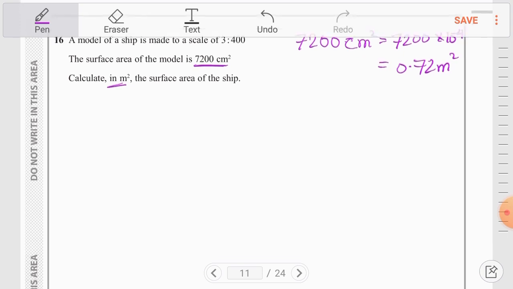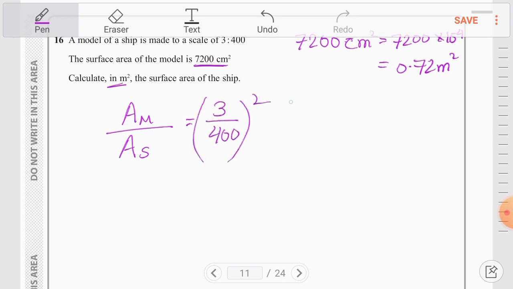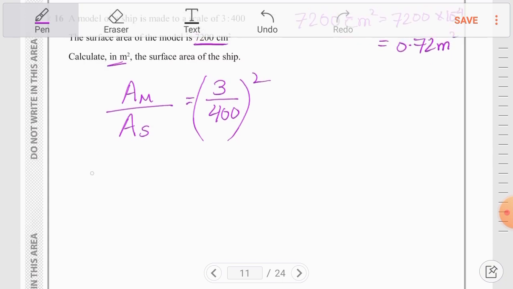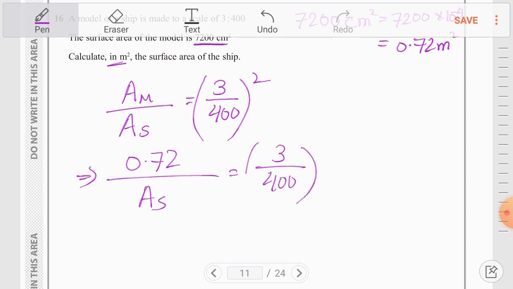And then the equation for this scenario would be area of model divided by area of real ship is equal to their scale, 3 by 400, whole square. I'm going to put values of these things. Area of model was 0.72 divided by area of ship is equal to 3 by 400 squared.